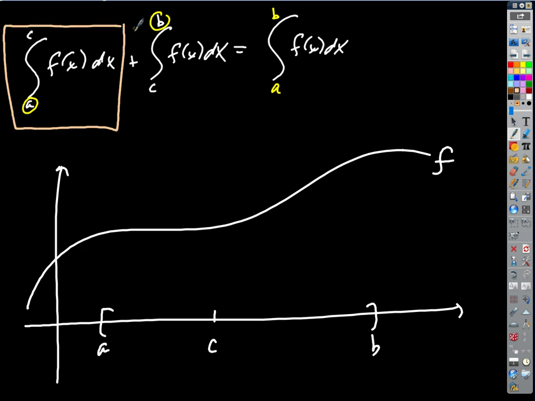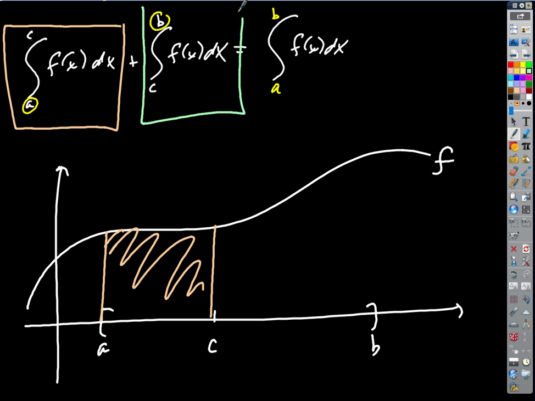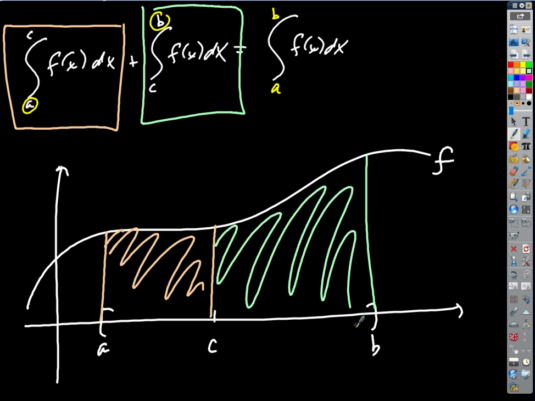So if we look at that part, that's just going to be the area from A to C, right? So that's going to be all that area right in there. This part right here is going to be starting at my lower limit of C, so I'm starting the area at C and ending at B. So it's this area right there. And then the total is just all the way from A to B, right?